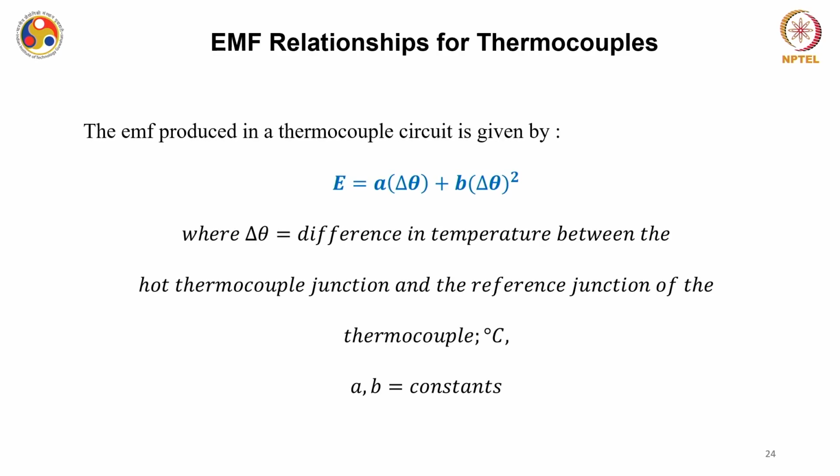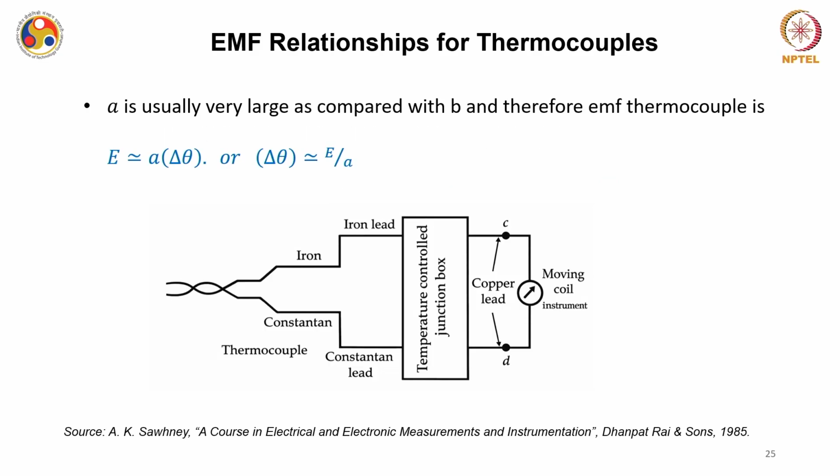The EMF produced in a thermocouple circuit can now be given in a better form as E equal to A delta theta plus B delta theta squared, plus more terms because the behavior of thermocouples is highly nonlinear. In this equation, delta theta is the difference in temperature between the hot thermocouple junction and the reference junction, while A and B are constants.